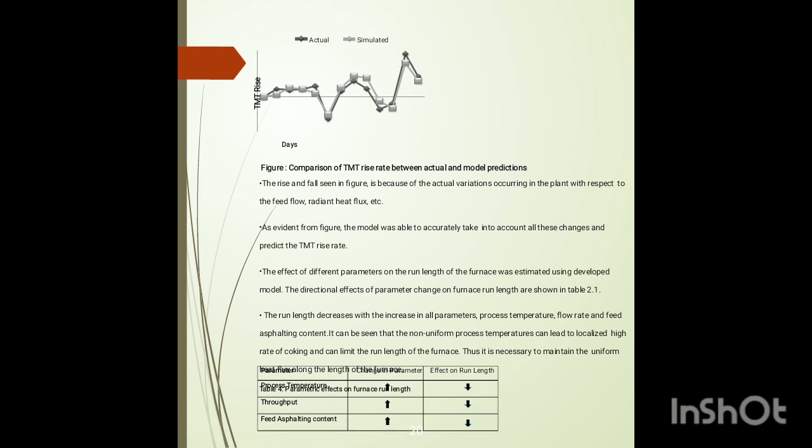It decreases with the increase in all parameters: process temperature, flow rate, and feed asphaltene content. It can be seen that non-uniform temperature can lead to localized high rates of coking and can limit the run length of the furnace. Thus, it is necessary to maintain uniform temperature along the length of the coker furnace.